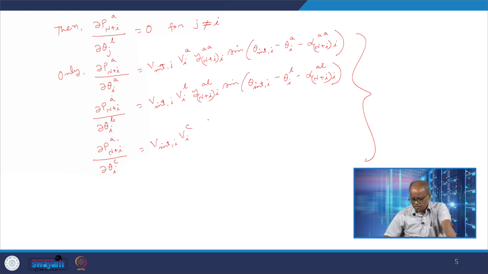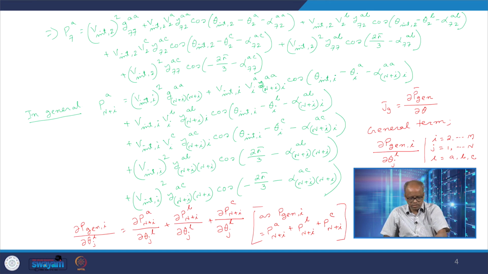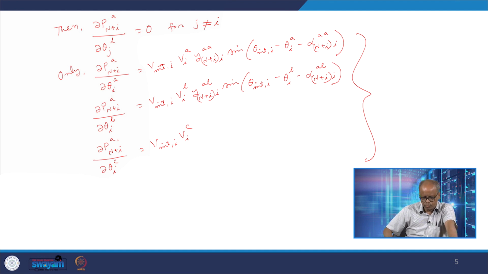You see, this is very structured, it goes in a very simple way. V i c y n plus i a c sine theta internal i minus theta i c minus alpha n plus i a c. Only this would be non-zero.